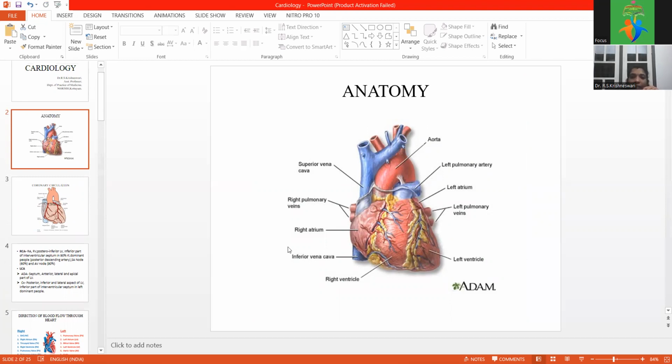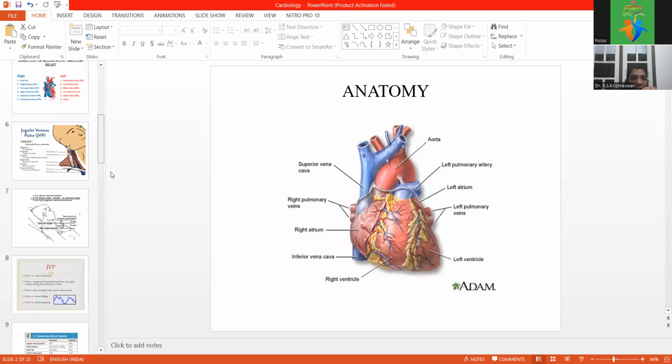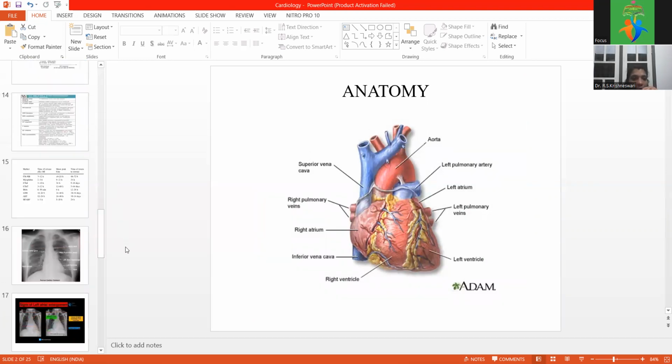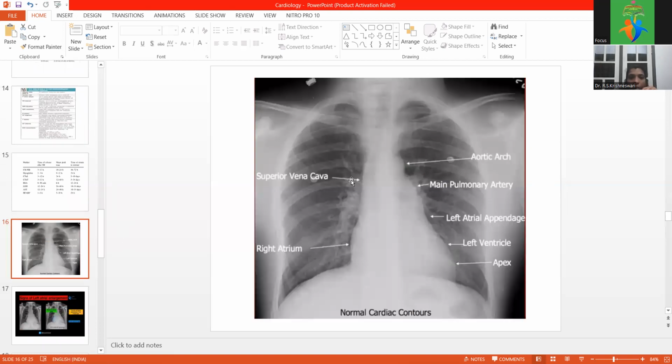On the right side, you can see the superior vena cava, right pulmonary veins, right atrium, and inferior vena cava. But in the X-ray, we'll be seeing the superior vena cava and right atrium. So you understood, this is the normal thing.